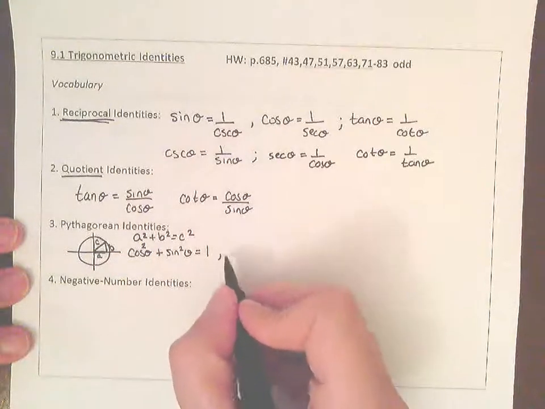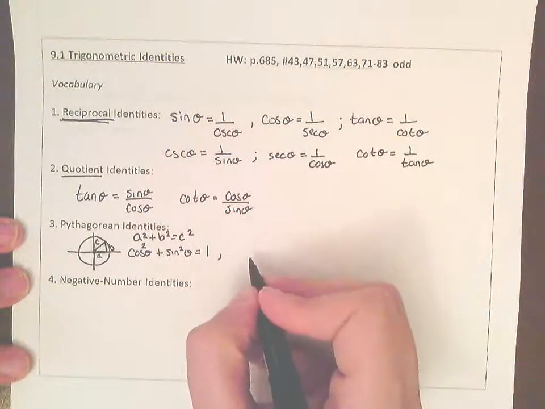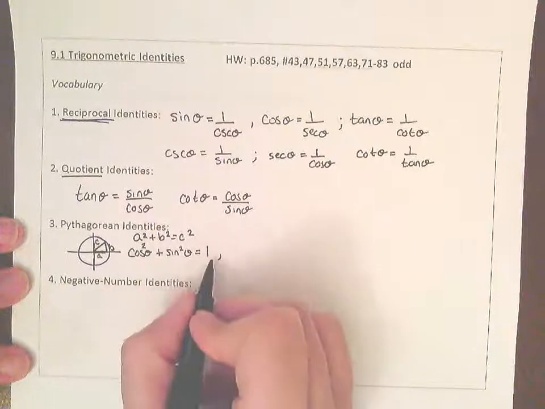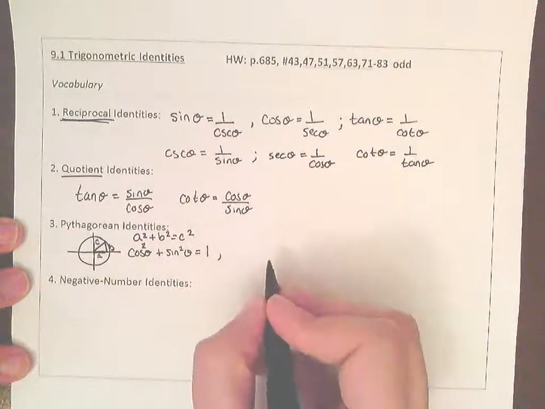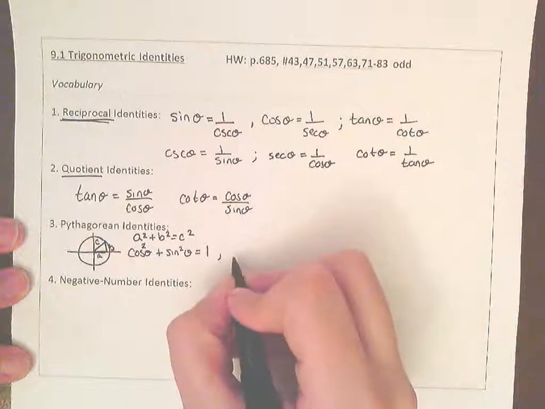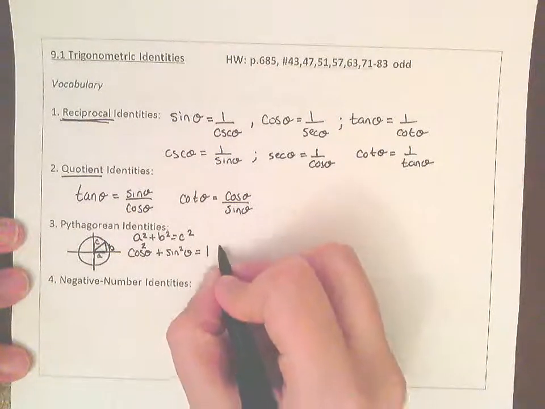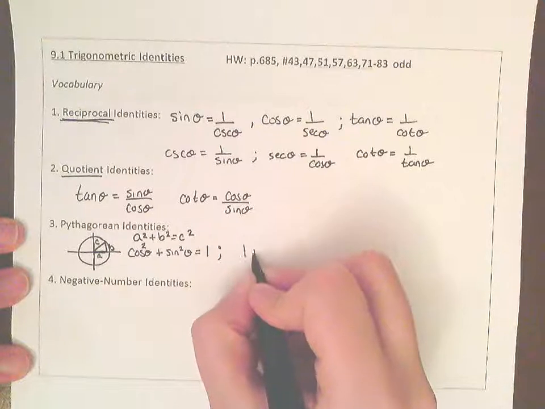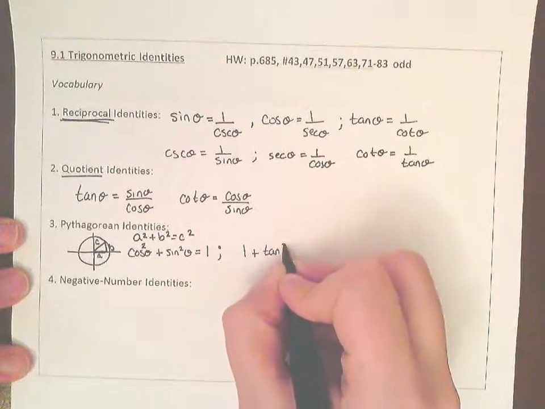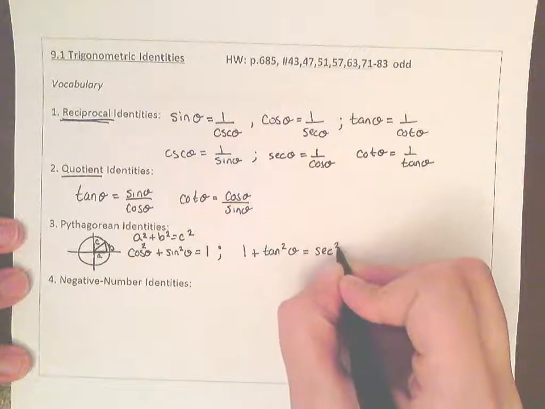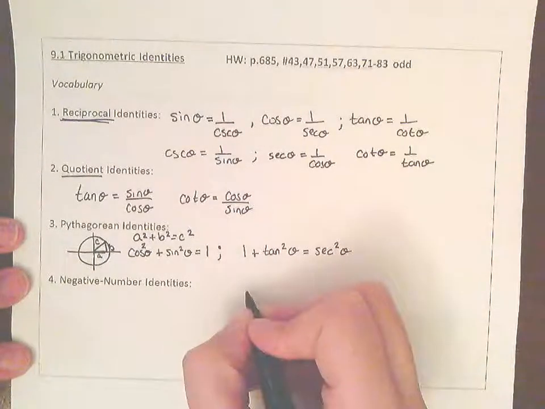Alright? So basically it's the same exact identity, but written using different trig functions. So another Pythagorean identity is 1 plus tangent squared of theta is equal to secant squared of theta.